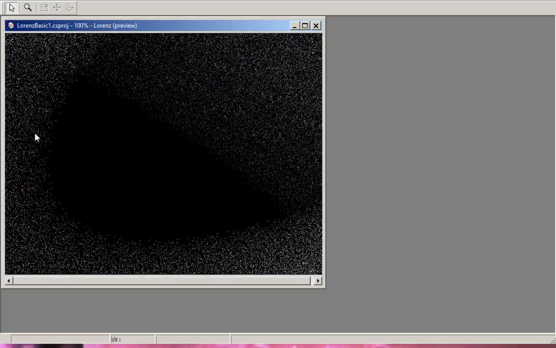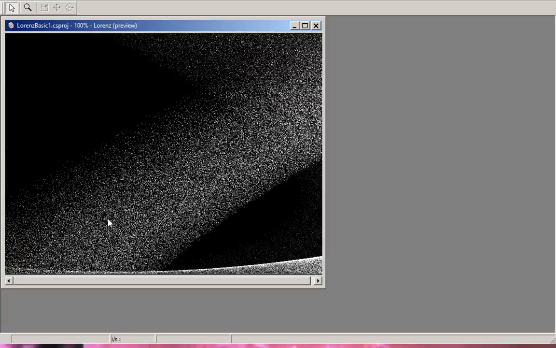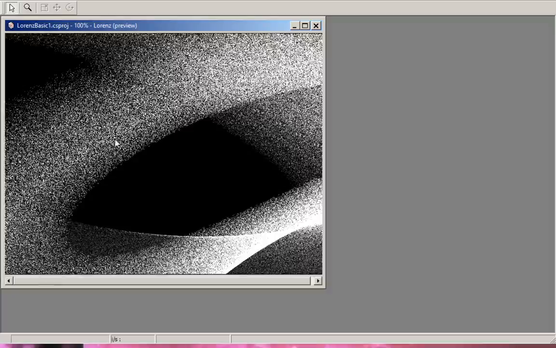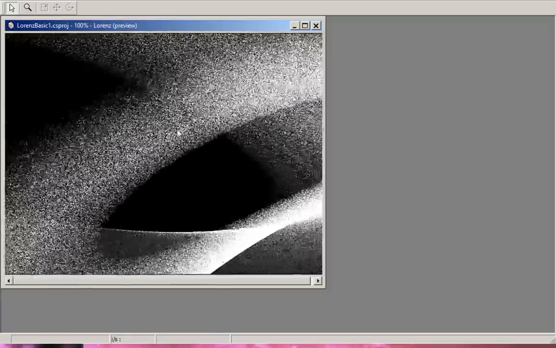Now I'm trying to just look at a section that doesn't have this piece in the back. It's just this plane of data that I'm looking at right here. So let's try to get closer. Well, I'll get further away. Now you can see there's a dark line there.